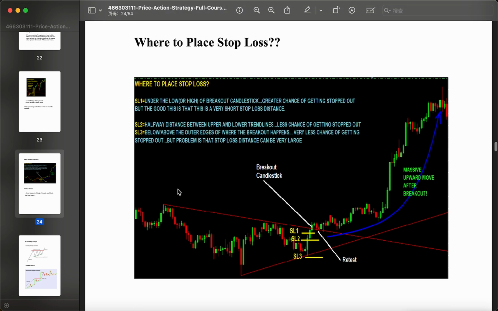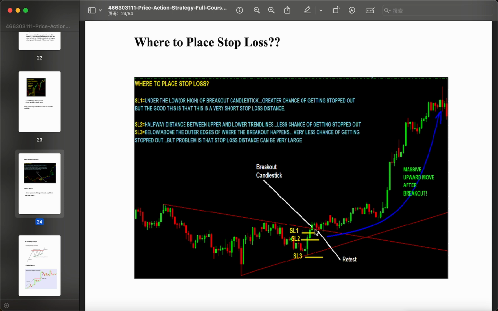So where do we start to place stop loss? There are 7 points where you can start placing your stop loss. Number one is under the low or high of the breakout candlestick. So you have a greater chance of getting stopped out, but the good thing is that it is a very short stop loss distance.